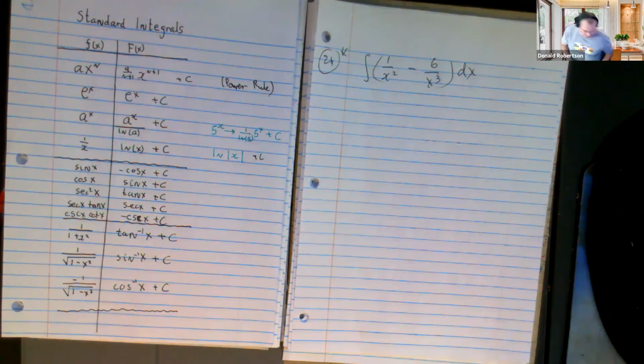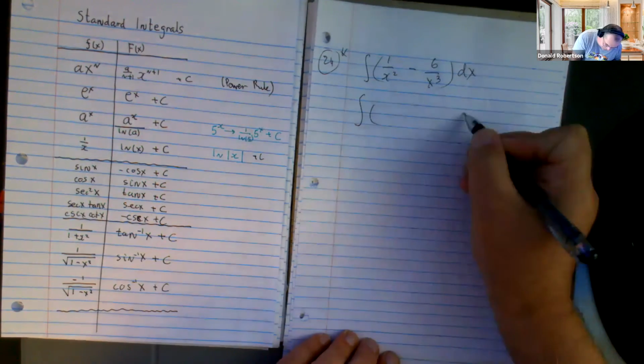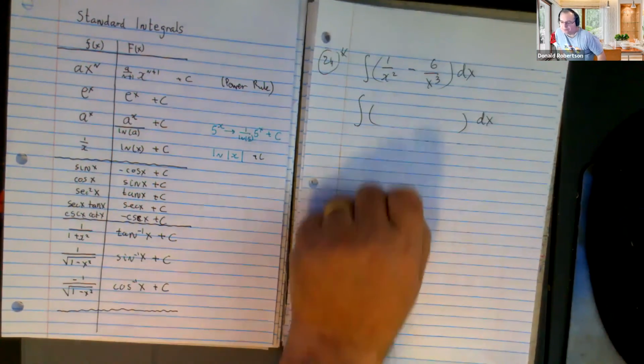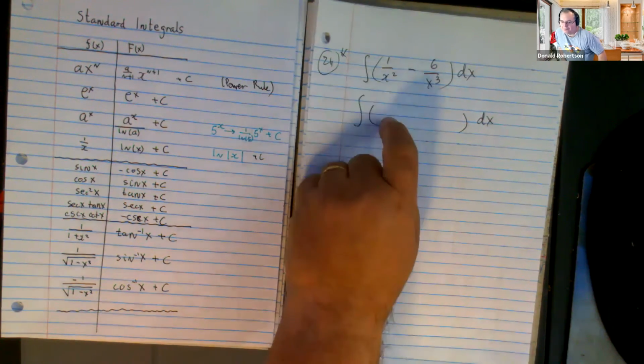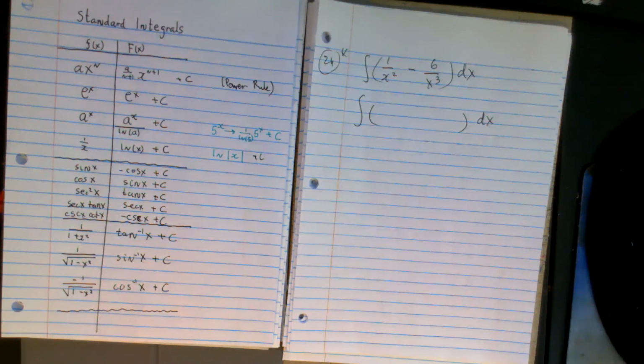What do I do? How do I rewrite 1 over x squared? You would change it over to x to the -2, put on the top.